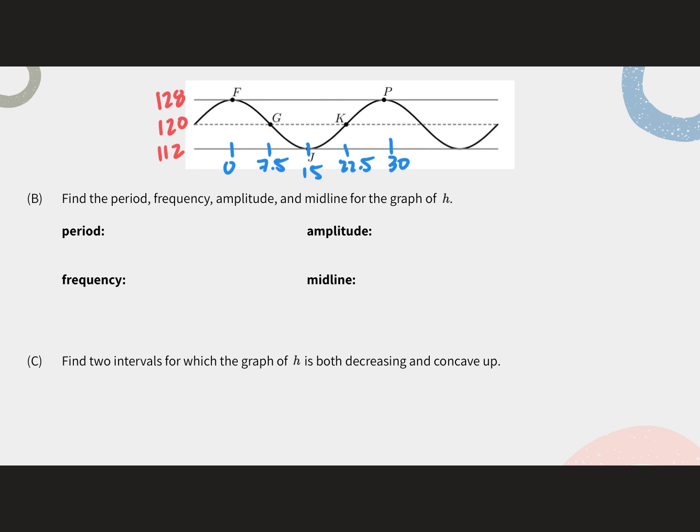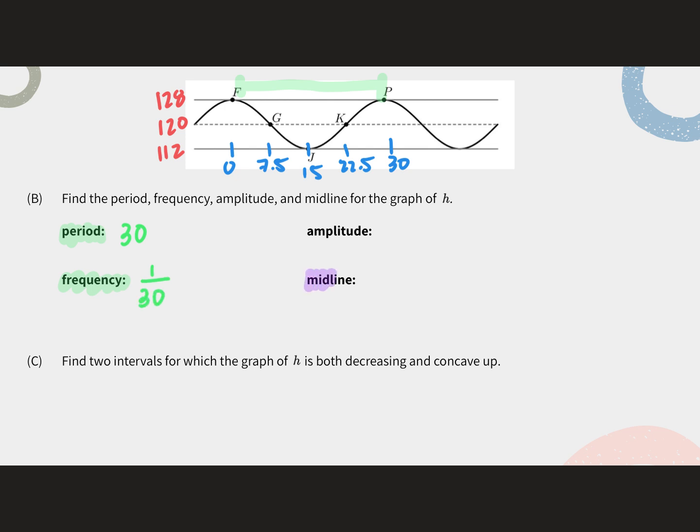Starting with the period, the length of one cycle, this would be from F to P here. We know that it takes 30 minutes, so our period is going to be 30, and the frequency is the reciprocal of that, 1/30.